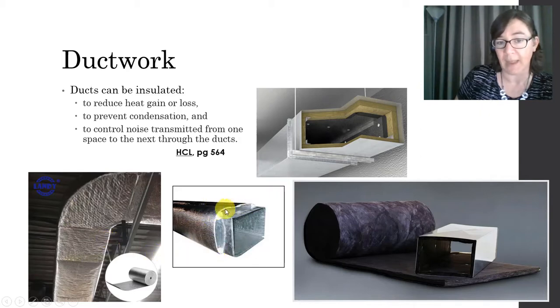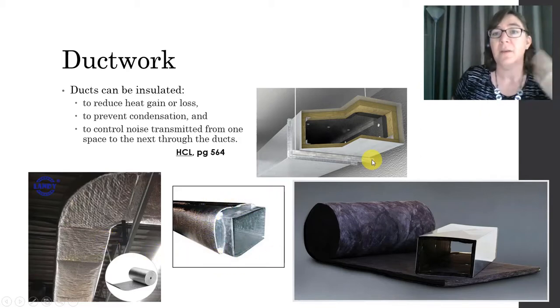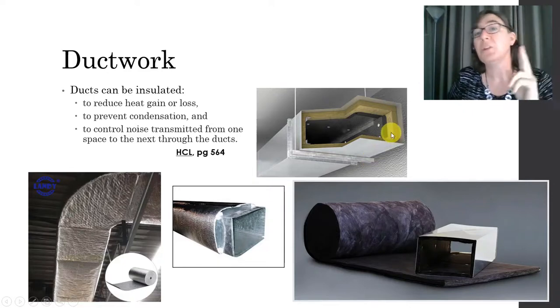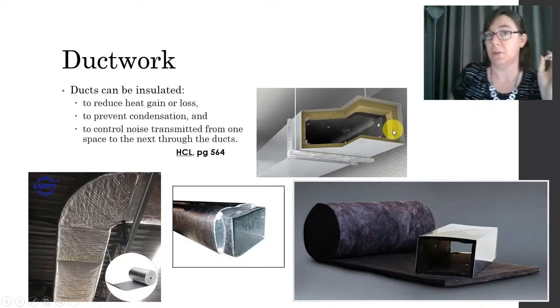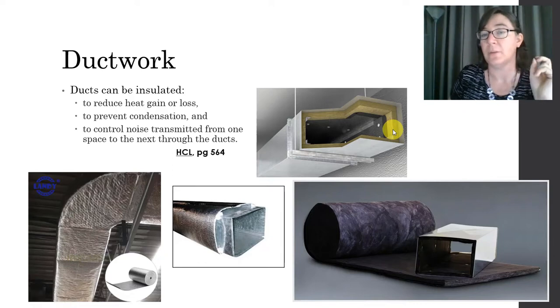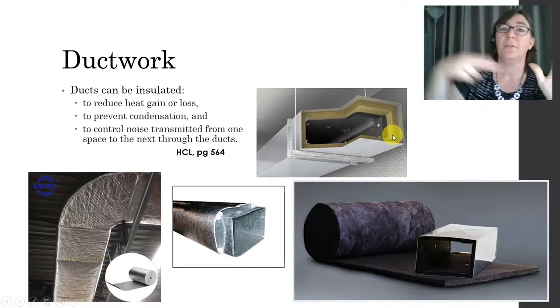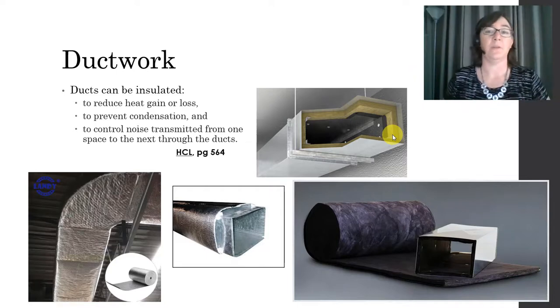They'll wrap it in this blanket type product. For noise control, which also serves as thermal control, the noise control system will do both. You want to put the soft insulation on the inside of the duct to reduce the noise bouncing around through the ductwork.